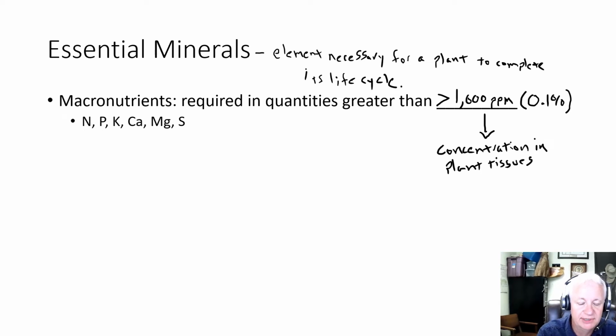So macro elements are elements that are required in concentrations greater than 1,000 parts per million in general. And those listed there are the macronutrients or macro elements: nitrogen, phosphorus, potassium, calcium, magnesium, and sulfur.